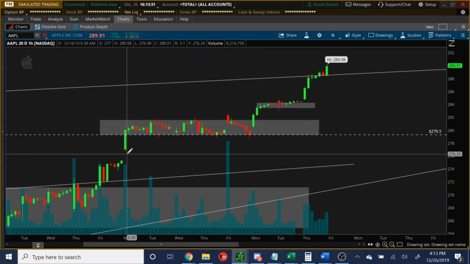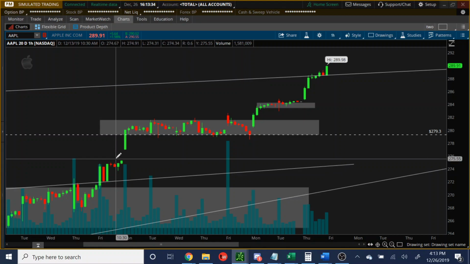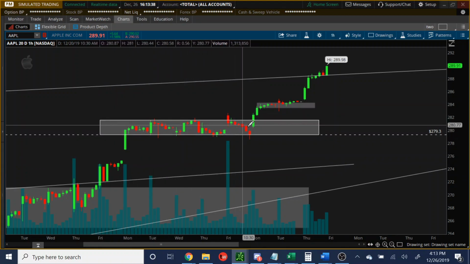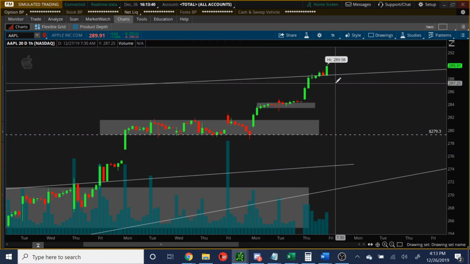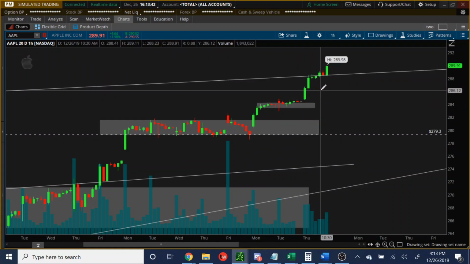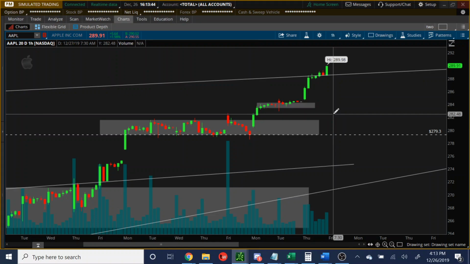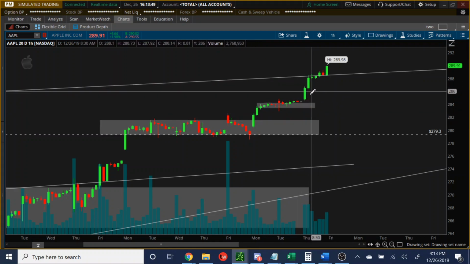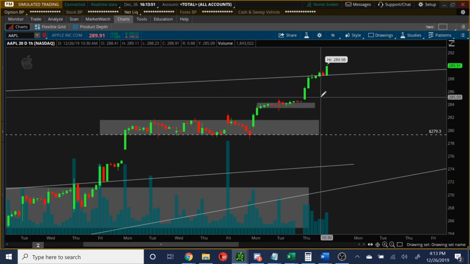And because it was consolidating so long, multiple days of consolidation in a tight range usually leads to multiple days of breaking out. That's why I like to say look at daily charts, look at hourly charts. The moves will usually be much more magnified when the consolidation lasts longer.